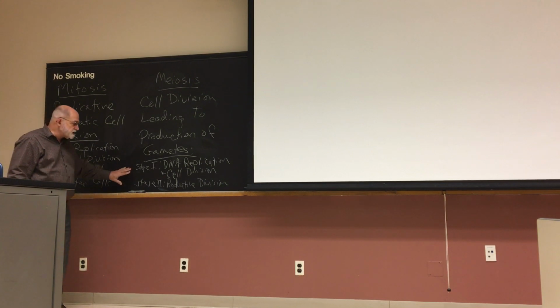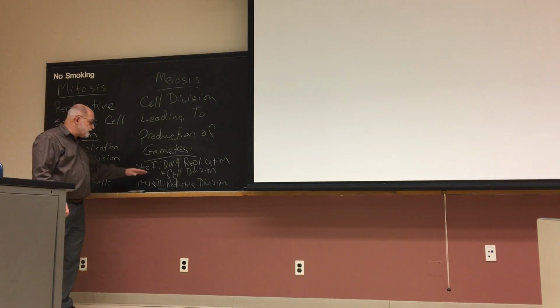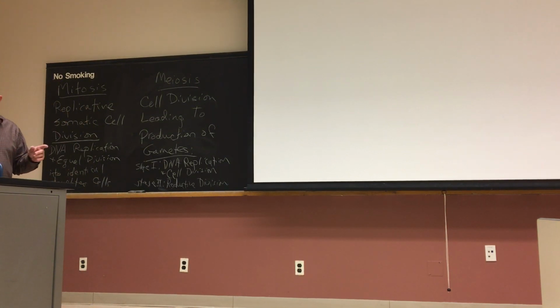And although we talk about 2 stages, this is one process. It doesn't just stop in the middle. Although I'm going to show you that a halting of this process is very important in distinguishing what happens in the male and the female.